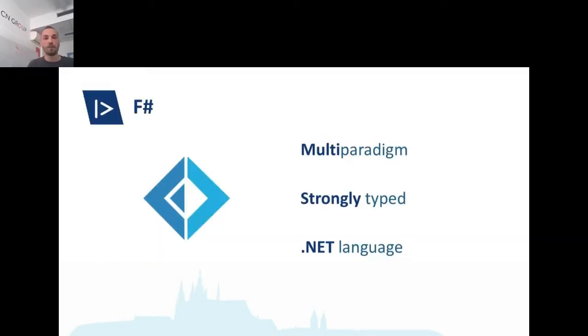So first of all, F# is multi-paradigm, which is a thing I will get back to later, but you can just remember that it has multiple paradigms available. Of course, it's a .NET language, so it means it's a strongly typed language. And these are the only three things you need to remember: multi-paradigm, strongly typed, .NET language.